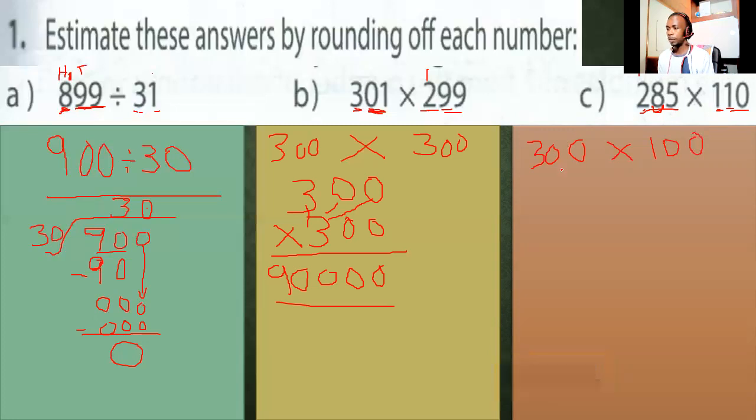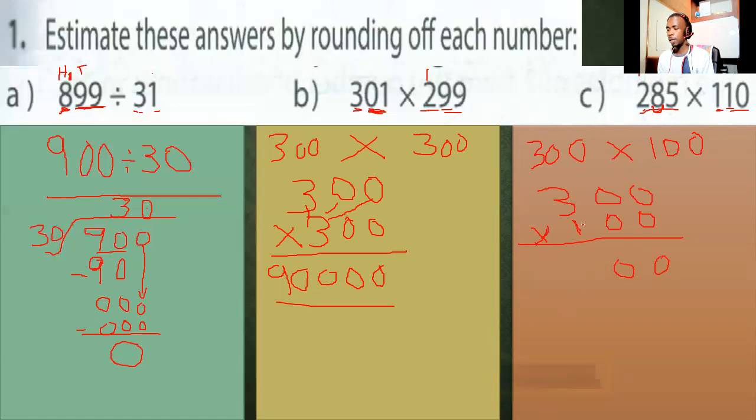So the rounded off numbers: 300 times 100. Since we are multiplying by 100, we put our two zeros, which are placeholders, because 100 has got two zeros.